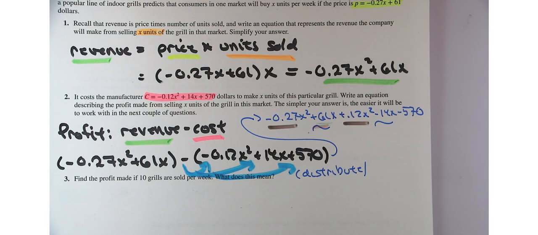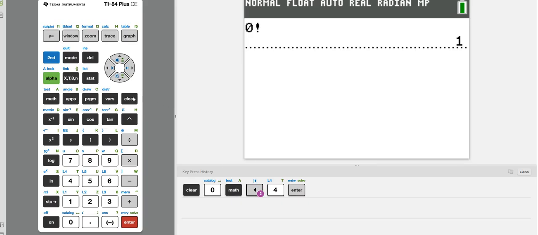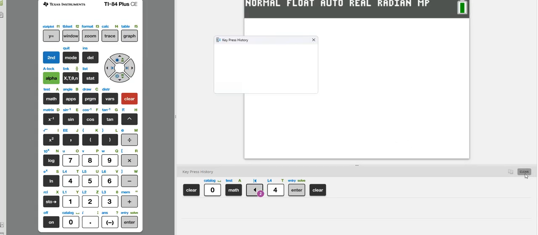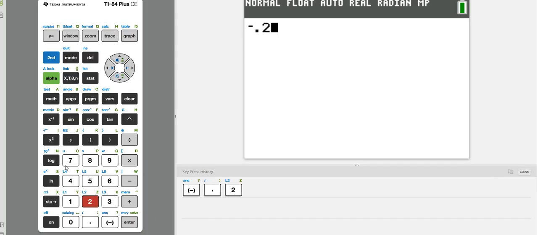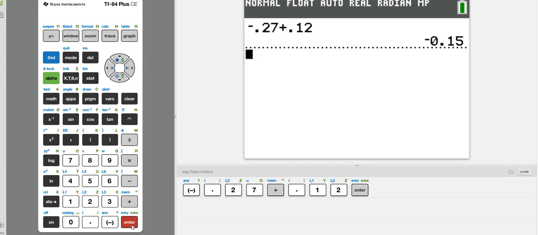If you're looking at that going, I don't like arithmetic, that's fine. Take out your calculator. I'd rather see you get it right than be too proud to take out your calculator. You can type in negative 0.27 plus 0.12. It should give you negative 0.15. There you go. So negative 0.15.